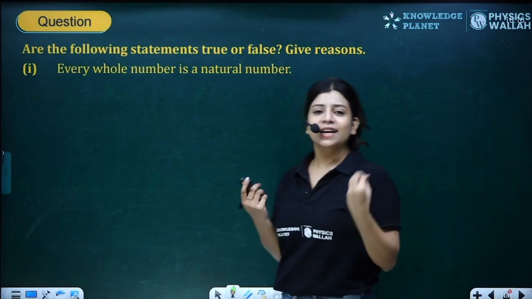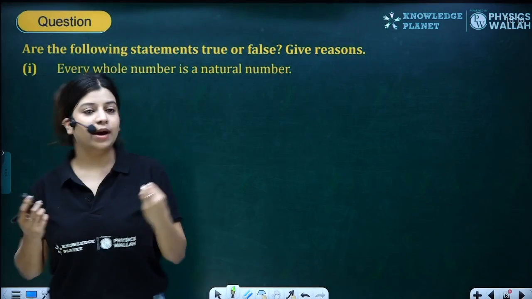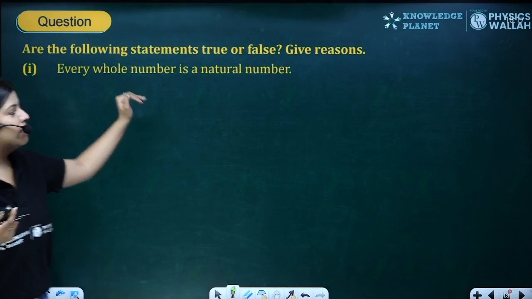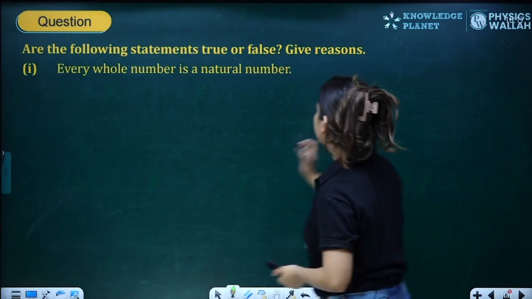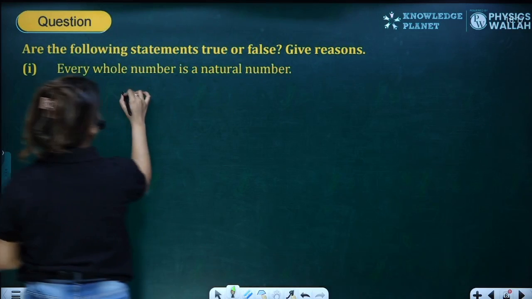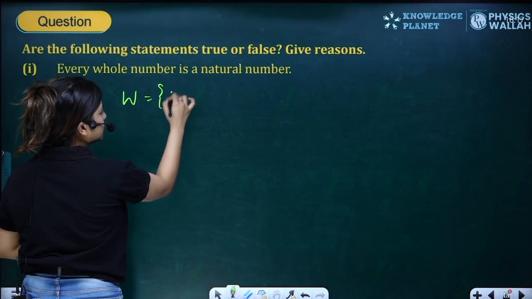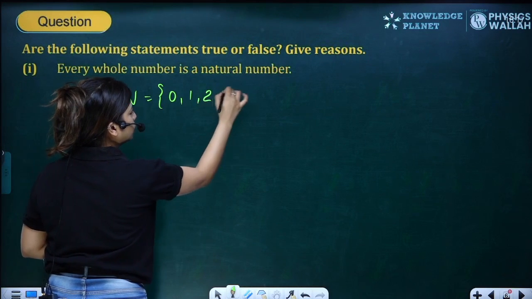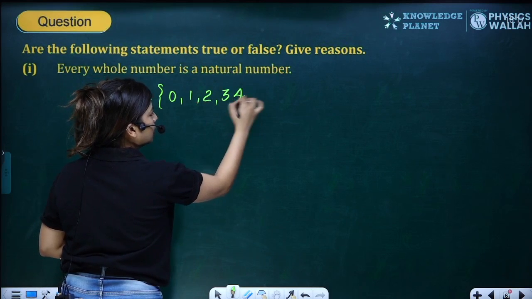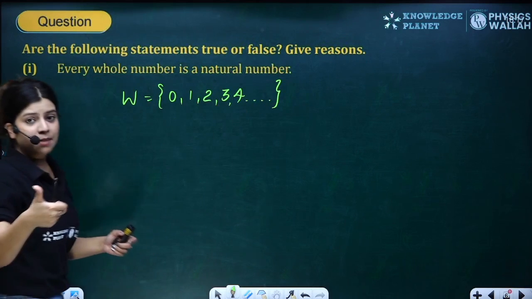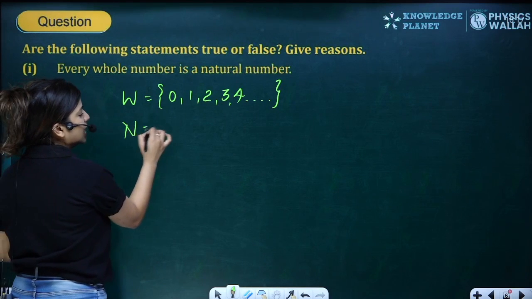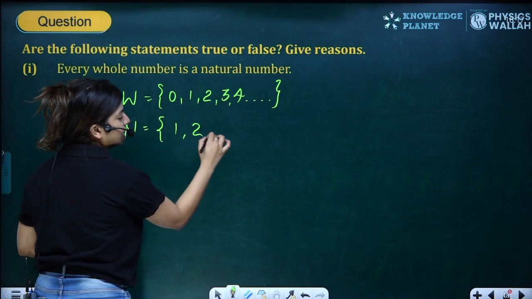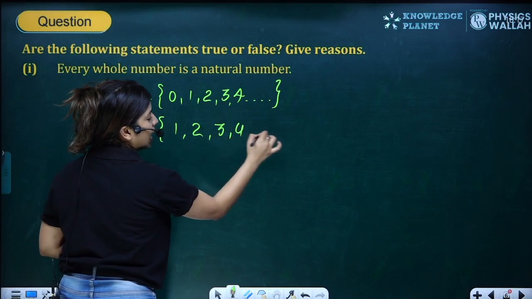So you might get statement-wise questions like: every whole number is a natural number. We know that whole numbers include the set 0, 1, 2, 3, 4 and so on. Natural numbers are the set of counting numbers, that is 1, 2, 3, 4 and so on.